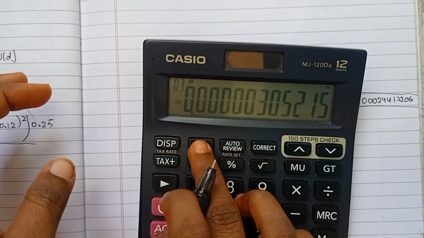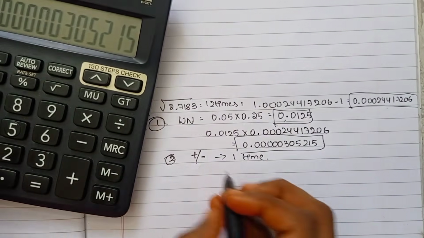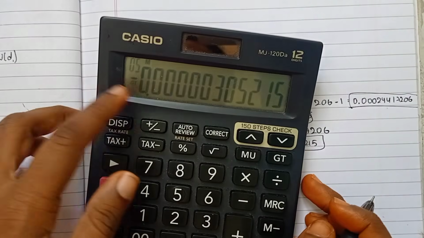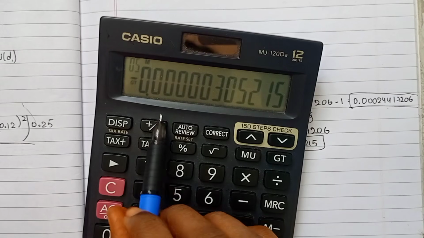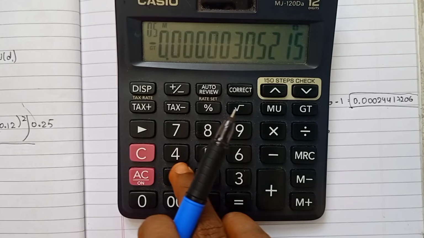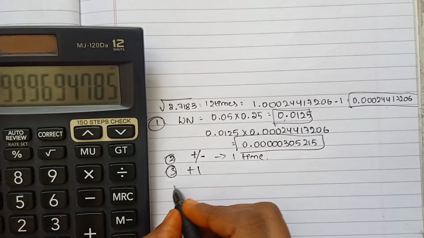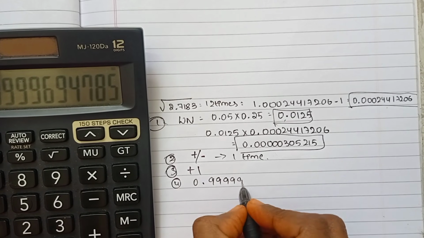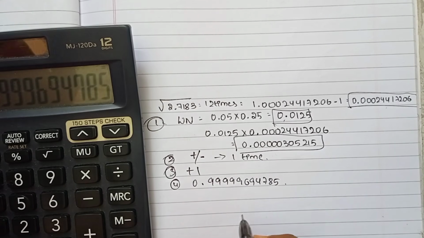And after this, what you have to do is add 1 to the value which you have got. Just 1. Add 1, and I have got the value 0.99999694785.